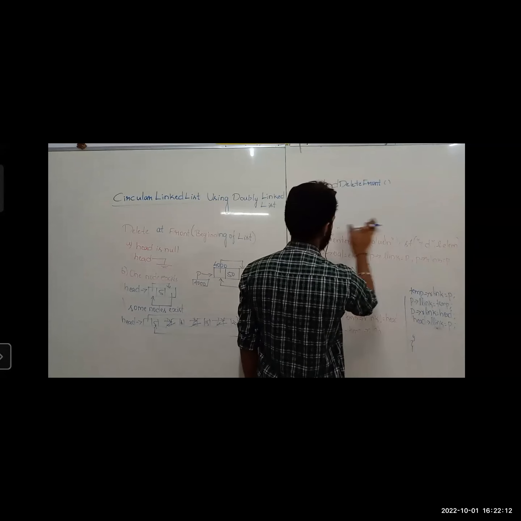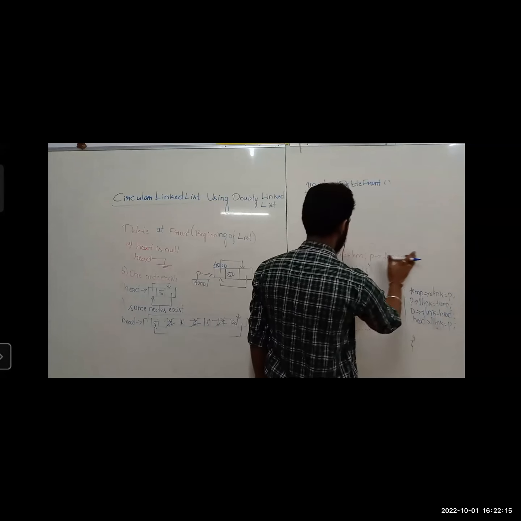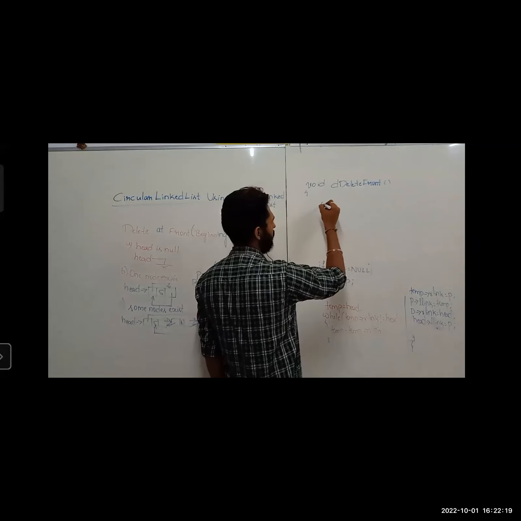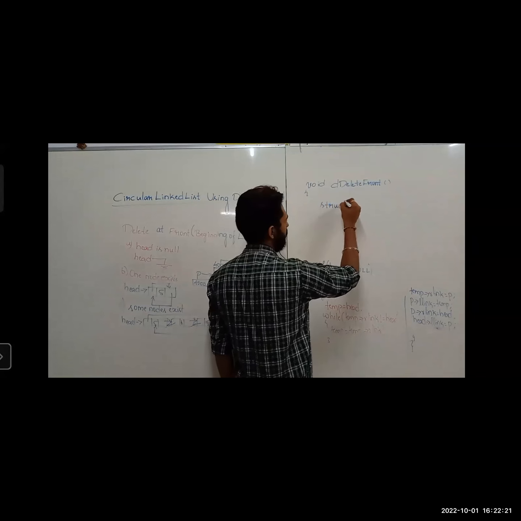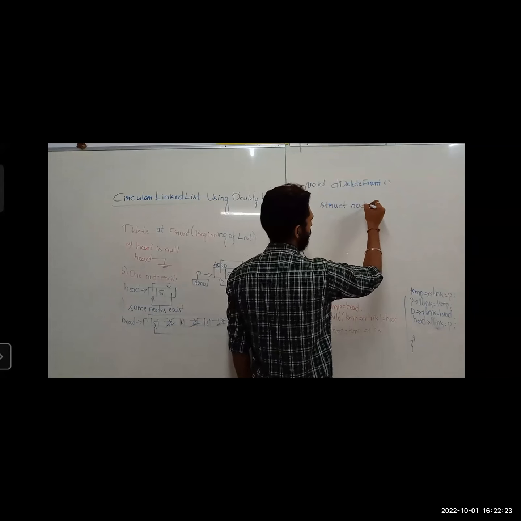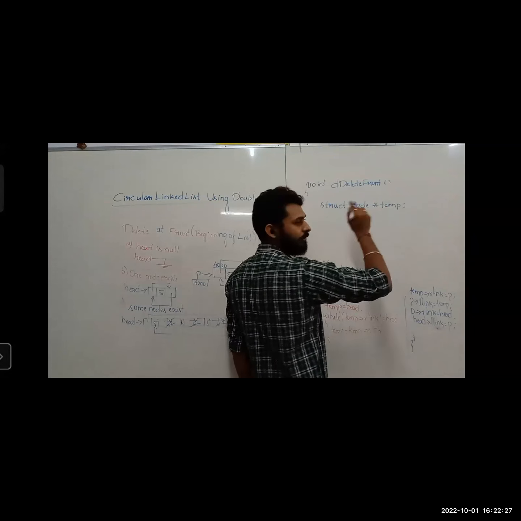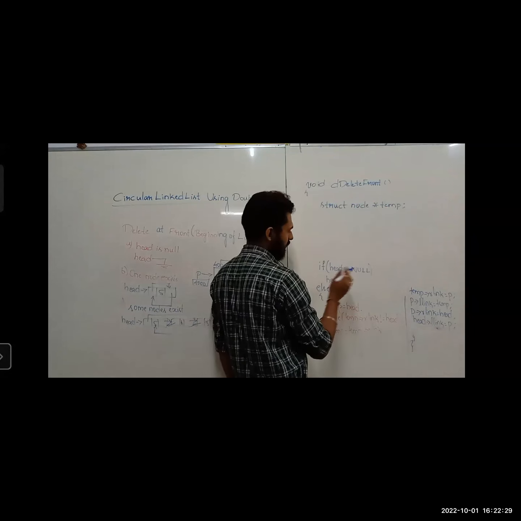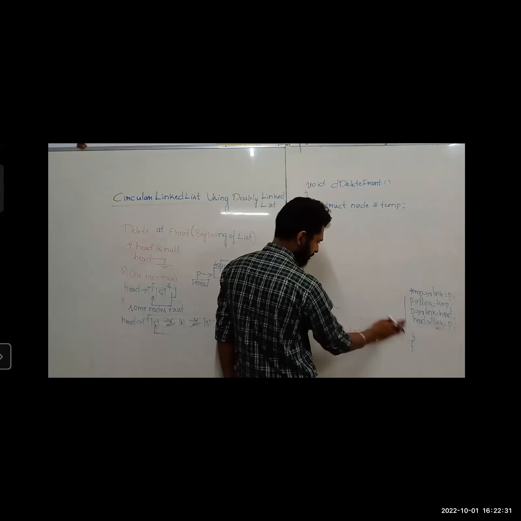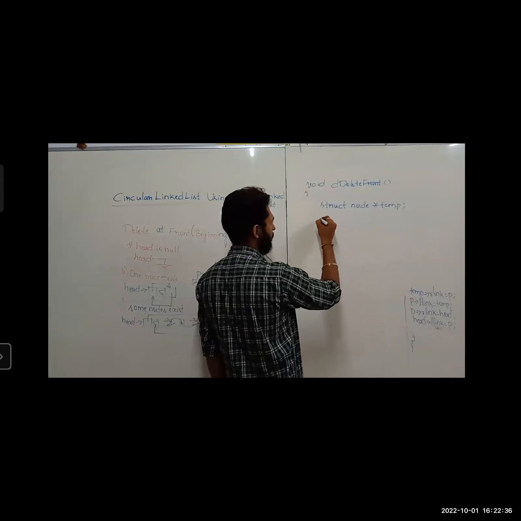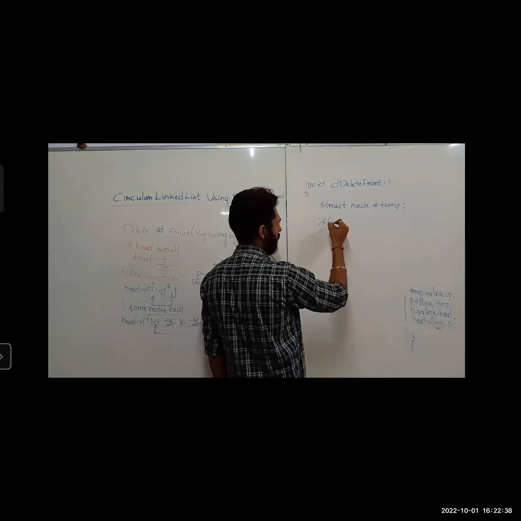Yes, this not required, this not required. Yes or no? First thing, struct node star temp. Anything else? Declaration part? Nothing. Then if head is okay. First thing, what should it be? Head.